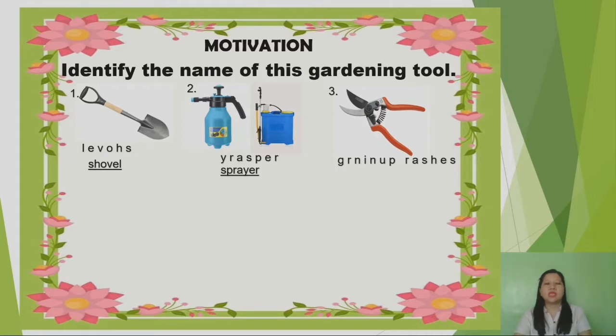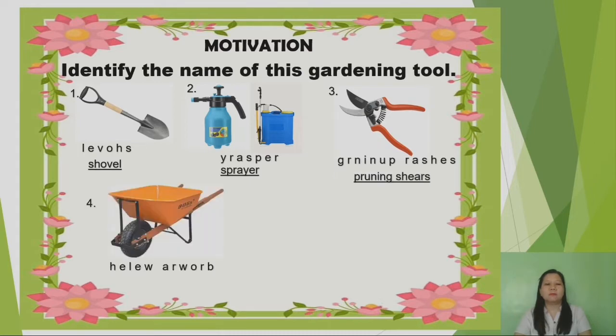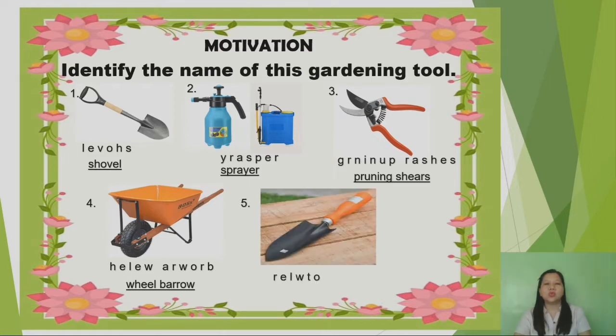Correct. It is a pruning shears. How about number 4? Correct. It is a wheelbarrow. How about this one? What do you call this one? Correct. It is a trowel.